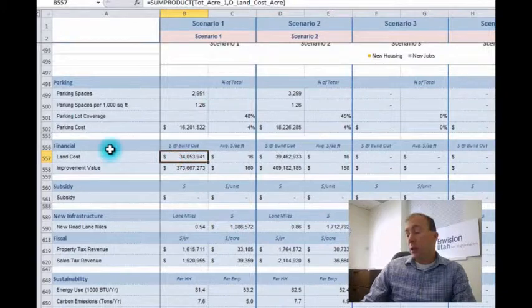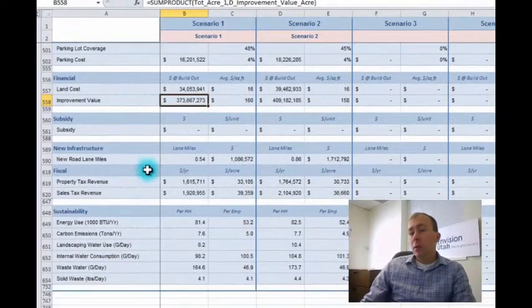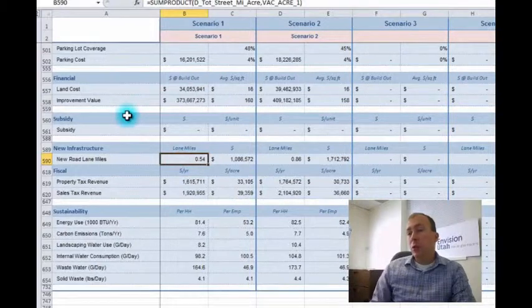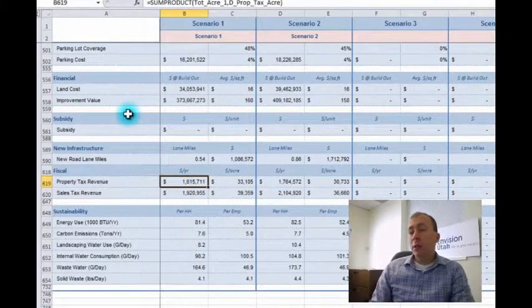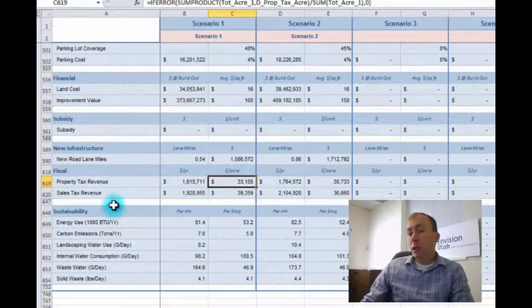It gives us the land cost for the scenario and the improvement value. It looks at how many new road lane miles would have to be put in place so the scenario could happen. It also looks at property tax and sales tax revenues that a city or community might expect per year. It also breaks that down in dollars per acre.